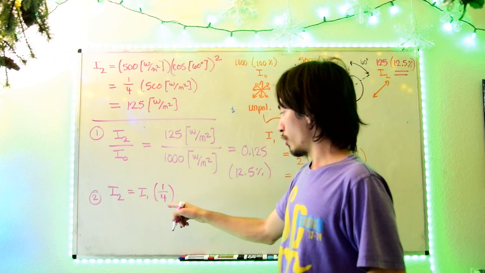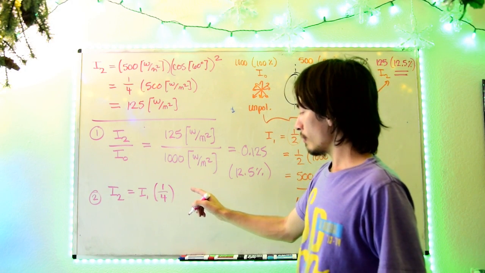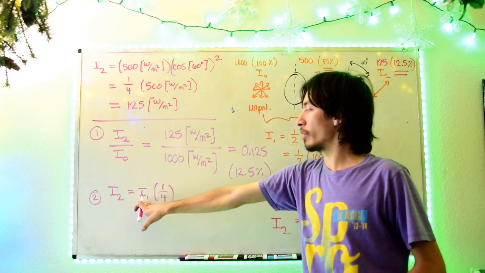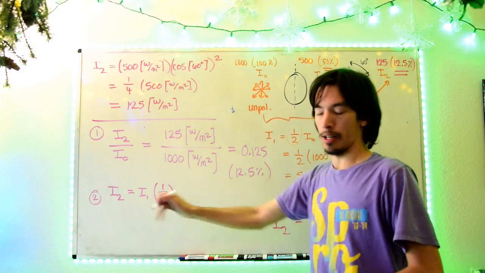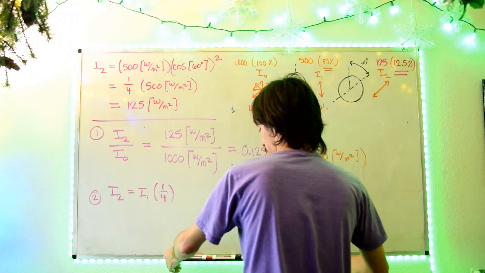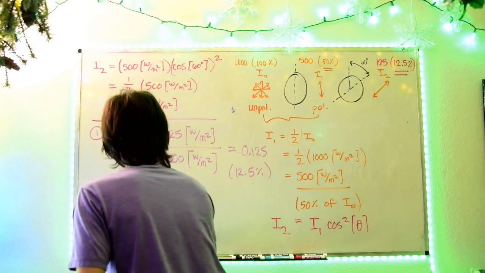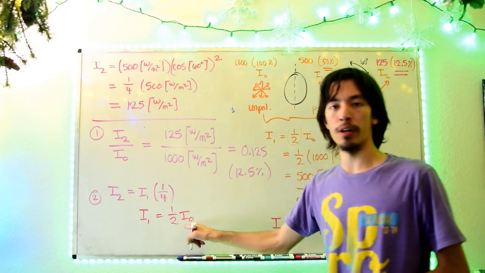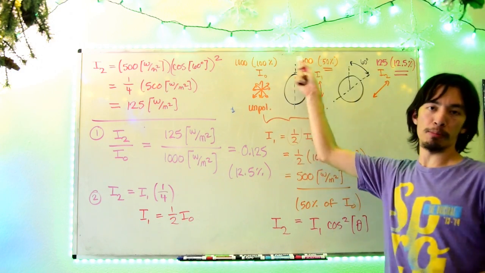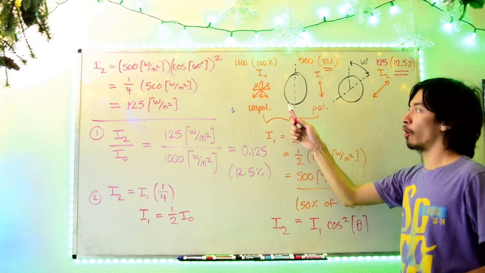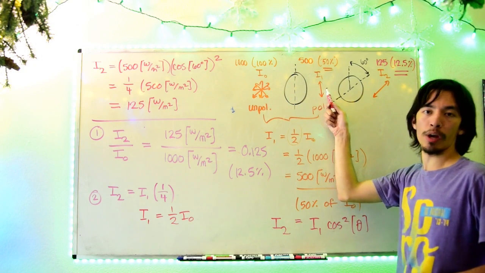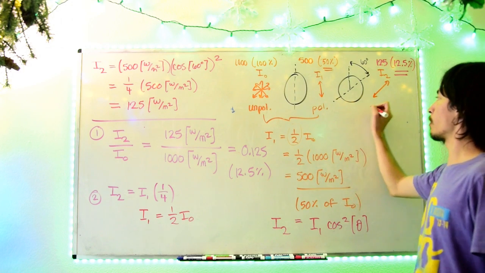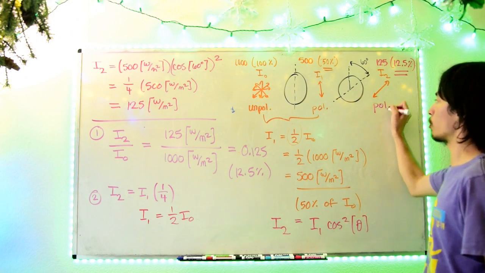If you want to do this, then what you can say is, well, there's another equation for I1. So for instance, I1 equals 1/2 of I0. That's what we said when we went through the first polarizer. The first polarizer only took half of its intensity away because you're going from unpolarized to polarized instead of going from polarized to a different polarization.